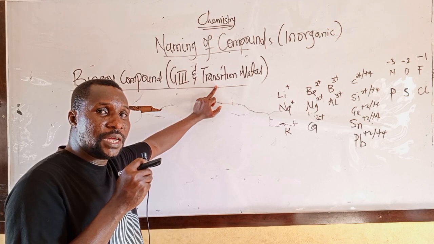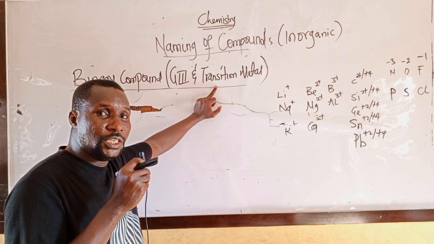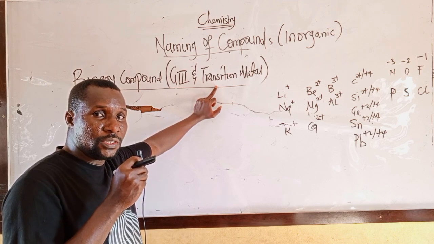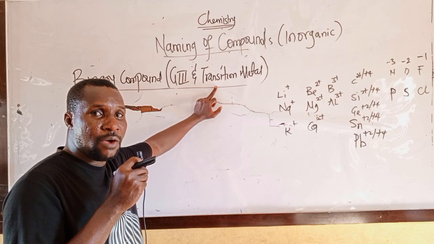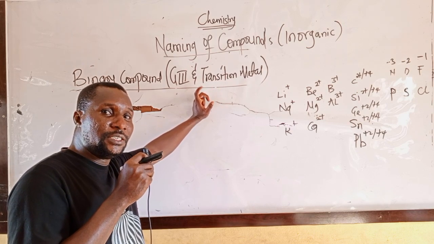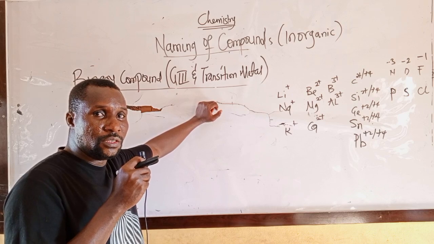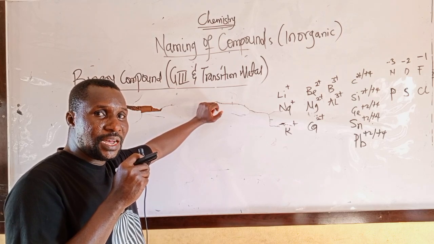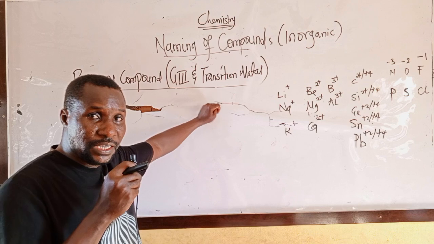And I told you that the oxidation number of hydrogen is +1. But in metallic hydride and ionic hydride, it is -1. I've explained the ionic binary compound, but I've never explained the ionic hydride.